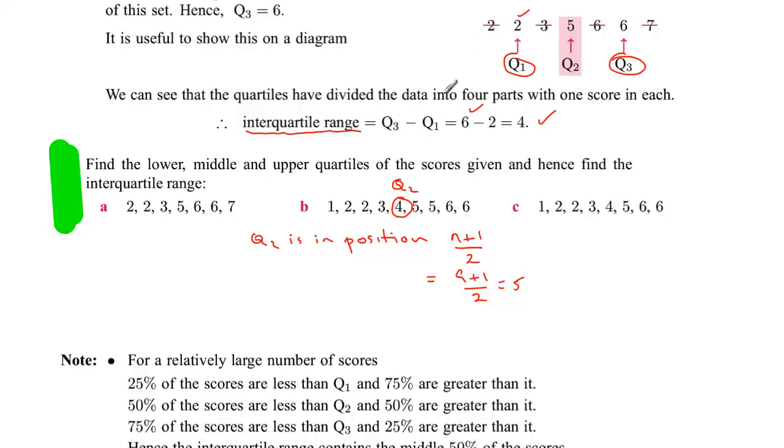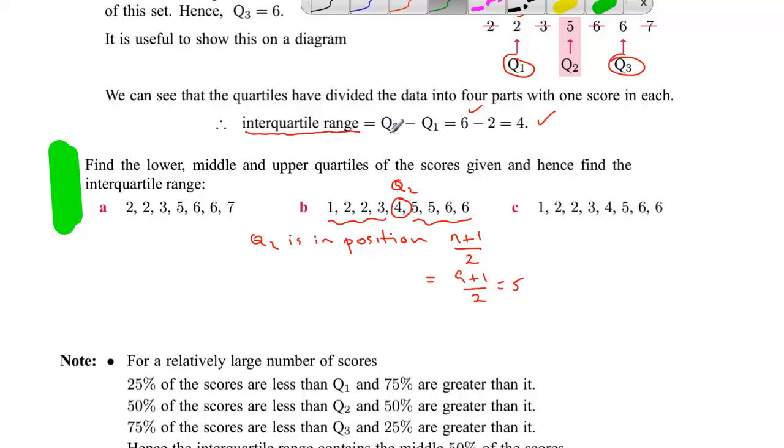Now, what we're left with is this group here and this group here. So if you look at it, I'll just change the colour here so we've got a bit of variety. That would have to be, and remember there's an even number there, if we worked out the average of this, that would be our first quartile, which would be our average, which is equal to 2, and our third quartile, so I'll write this in as our first quartile.